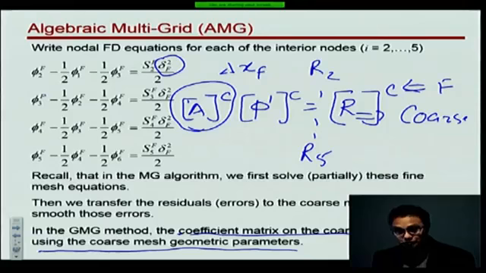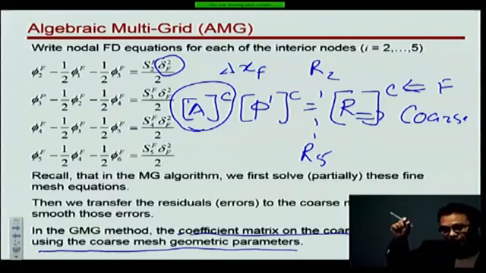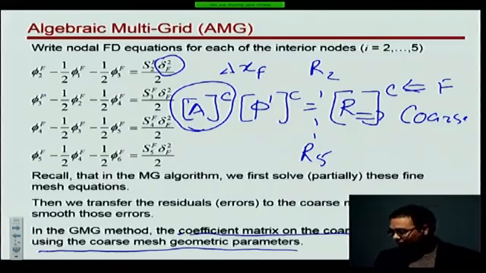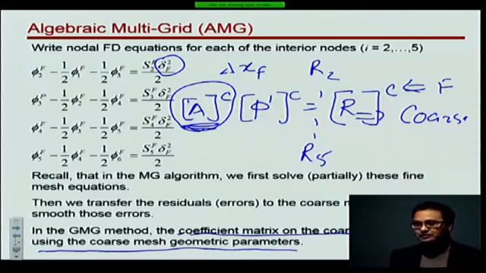For example, our elements were 1 over delta xc squared, 1 over delta yc squared, and so on. Now we don't have that anymore. We don't have a coarse mesh to speak of. So the question is, what are the elements of this matrix? How do we get that? That's the question I'm trying to answer in this discussion here.